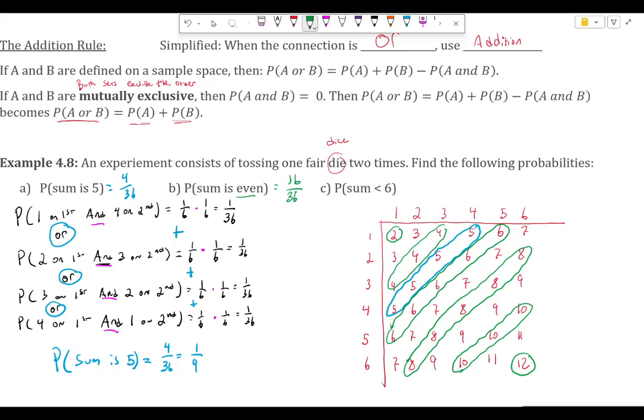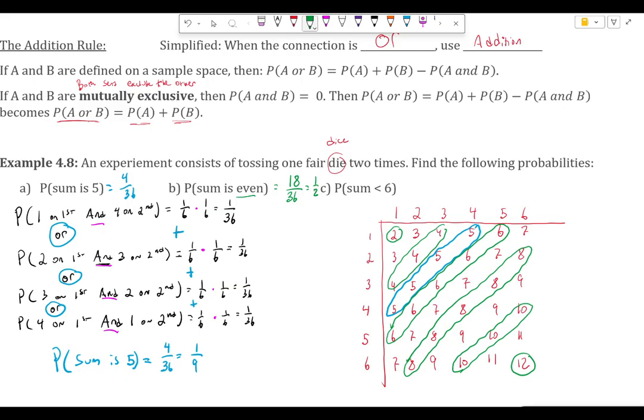Ooh, I think I did that wrong. 1, 2, 3, 4, 5, 6, 7, 8, 9, 10, 11, 12, 13, 14, 15, 16, 17, 18. Yeah, I think I miscounted that the first time around, which would make sense because that would be half. Half of the outcomes would be even.